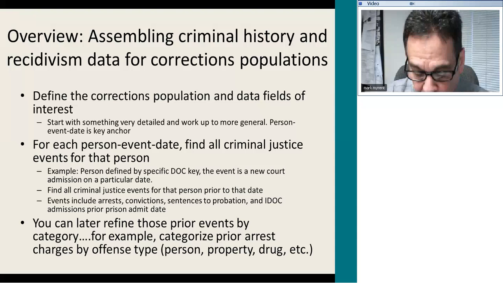So, for example, when we talk about linking our prison records to our criminal history records, we're hoping for a one-to-one match between our DOC key and our criminal history key, the state ID, the SID. But we know that that one SID is going to link to many last name, first name, and date of birth combinations, which is going to come into play when we start doing the matching process.